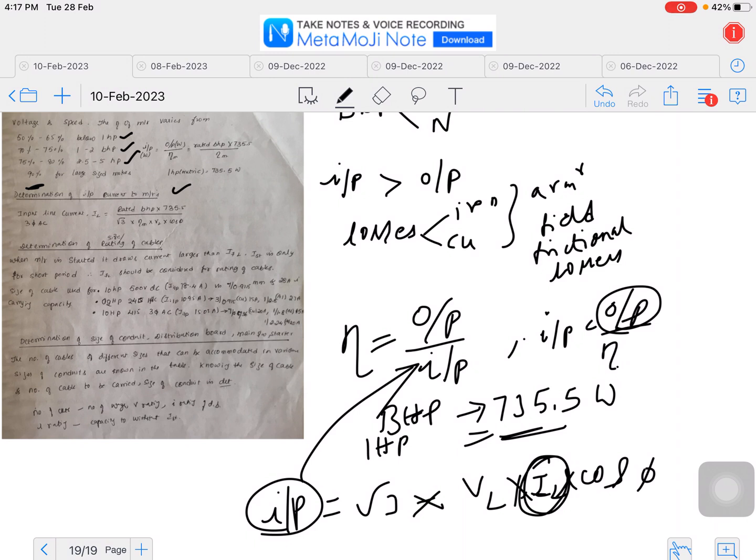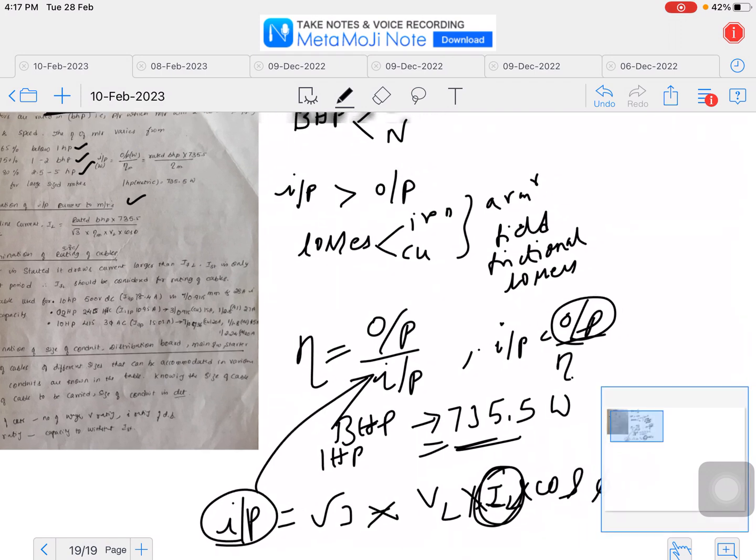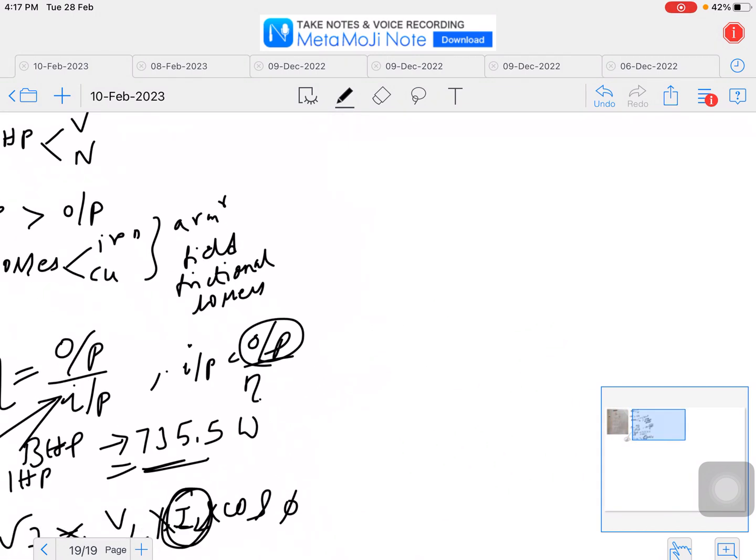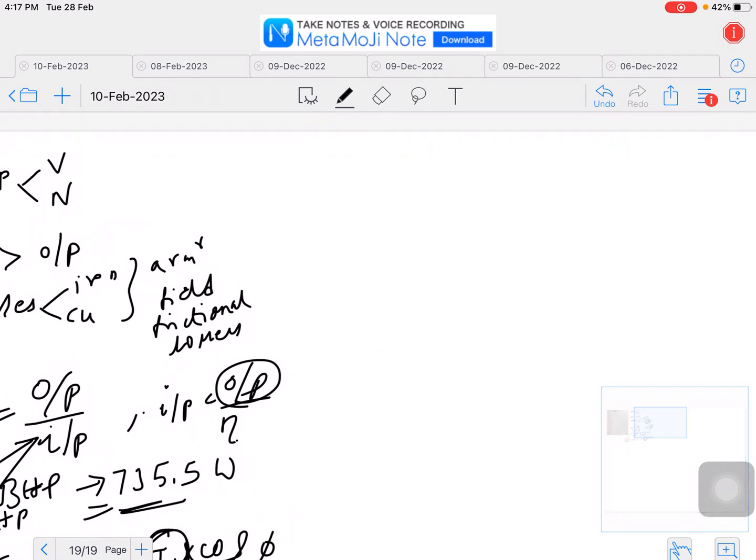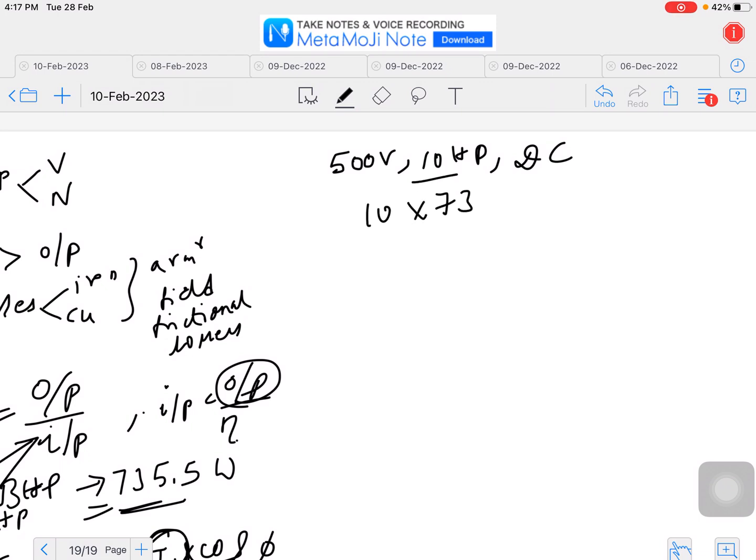Suppose it is a DC motor, the current formula is different. For example, if you have a 500 volts 10 HP DC motor, then to find out the current, since it is in HP, you have to convert it into wattage, divided by V, and that itself is the formula for the DC current.